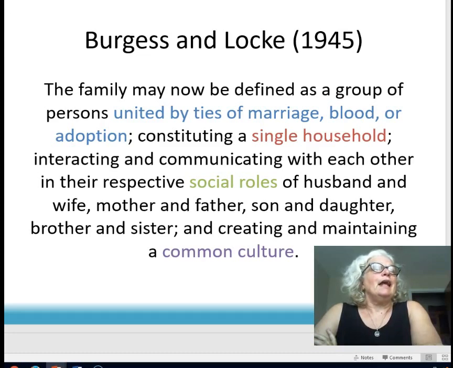Burgess and Locke in 1945, even before my time, okay, said families may now be defined as a group of persons united by ties of marriage, blood, or adoption, constituting a single household, interacting and communicating with each other in respect to their social role of husband, wife, mother, father, son, daughter, brother, sister, and creating and maintaining this common culture.